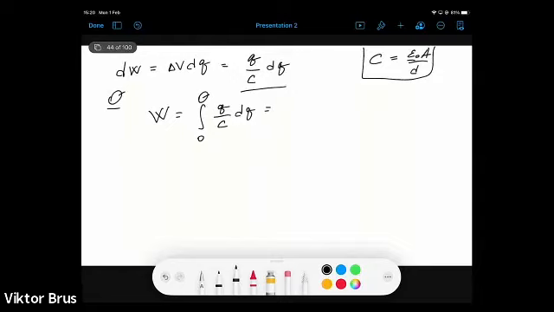So that's why only the geometry of the system of two plates defines capacitance. In this case, we know that capacitance is not a function of accumulated electric charge, and for this integral it's a constant. So we can take it out of the integral, and we have q times dq.